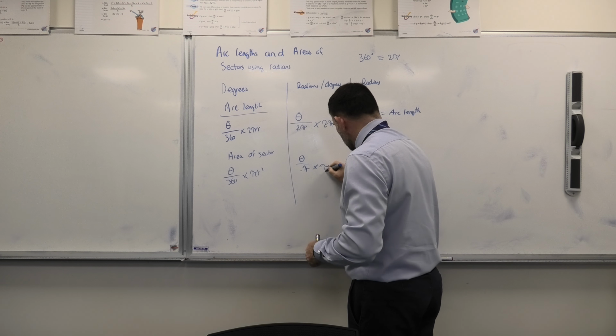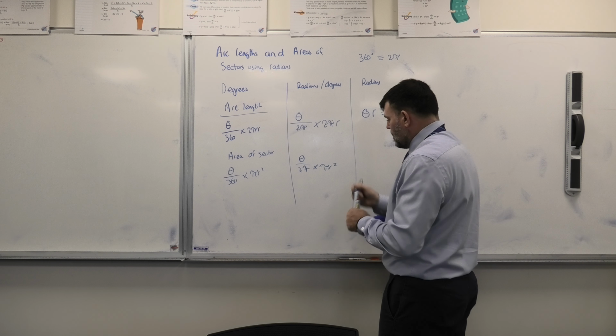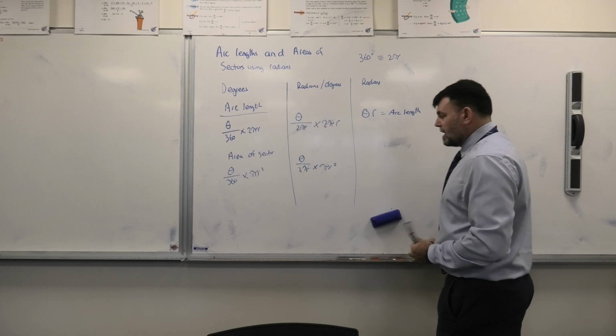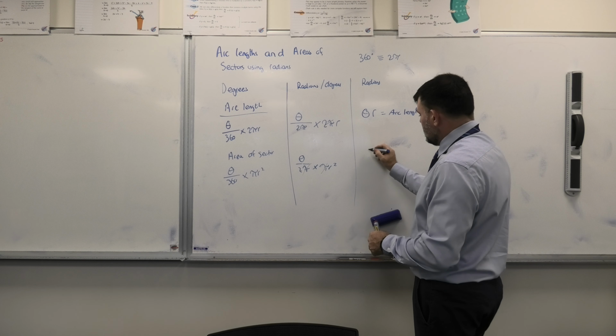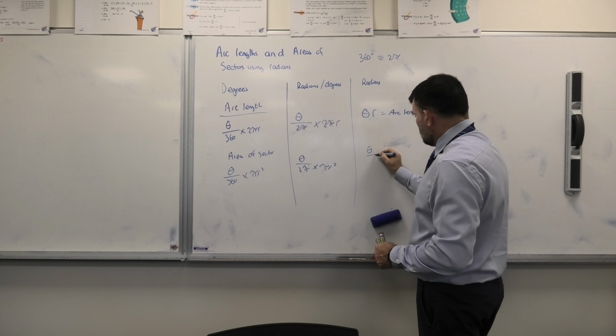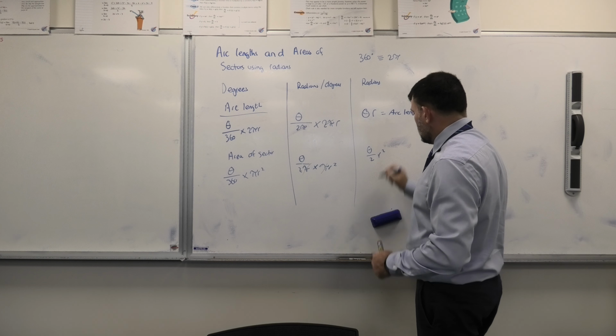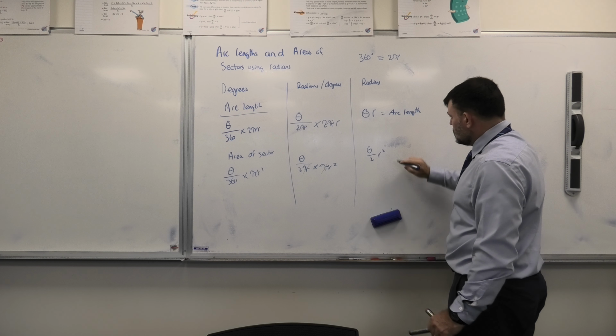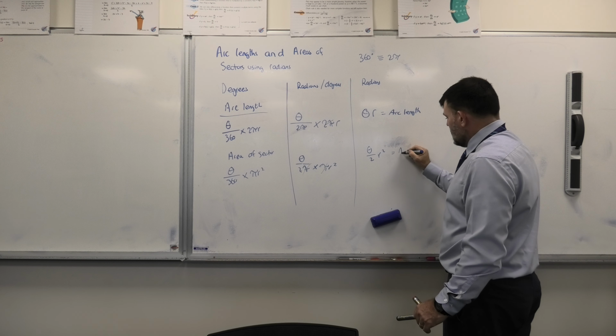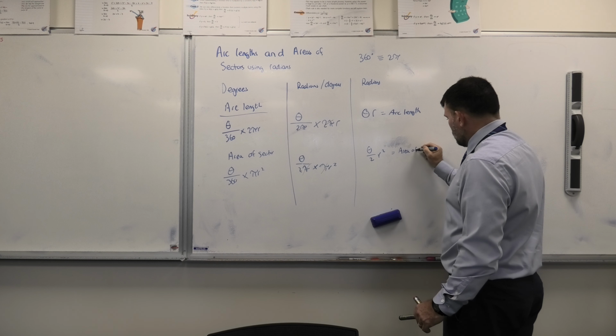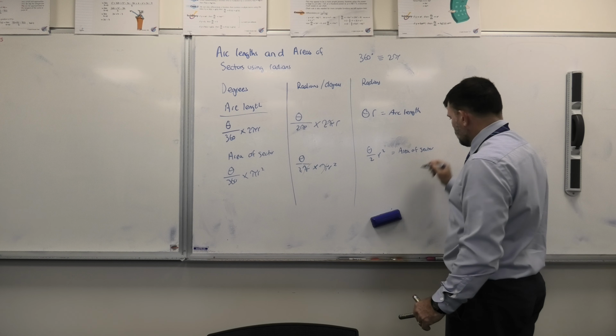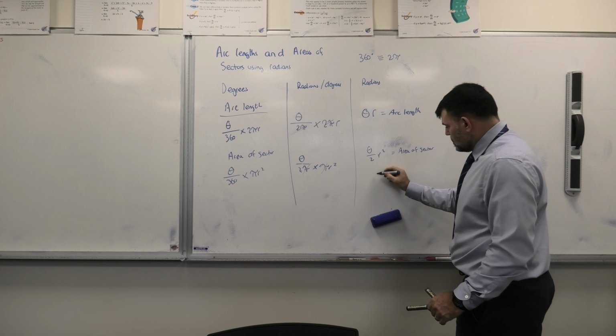Got rid of the 2 when I wanted the 2. I can get rid of the pi's. So if I get rid of the pi, what I've got left over here is theta over 2 times r squared, which is equal to the area of a sector, which can be rewritten sometimes as half theta r squared.